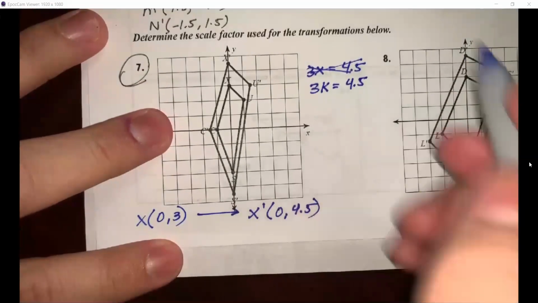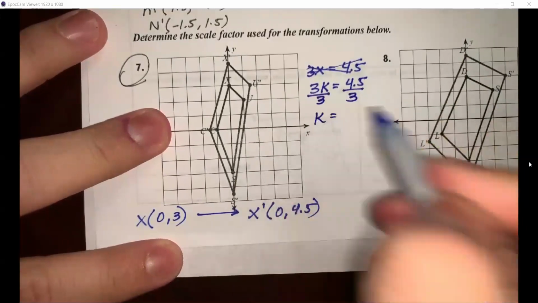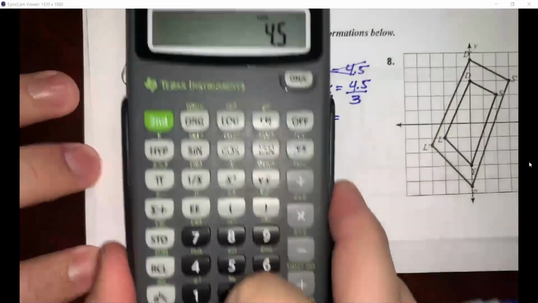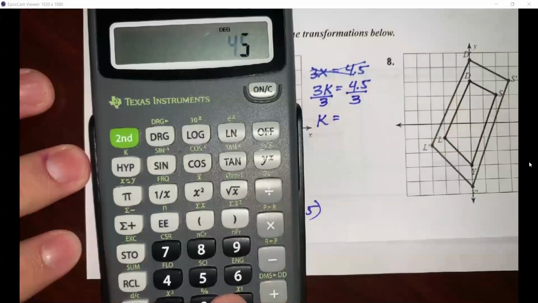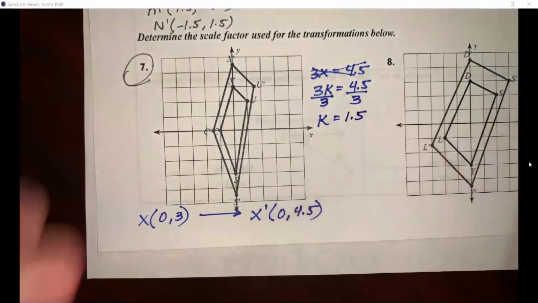So if I want to figure out what my scale factor is, I just divide both sides by 3. So K gives me 4.5 divided by 3, that's a scale factor of 1.5.